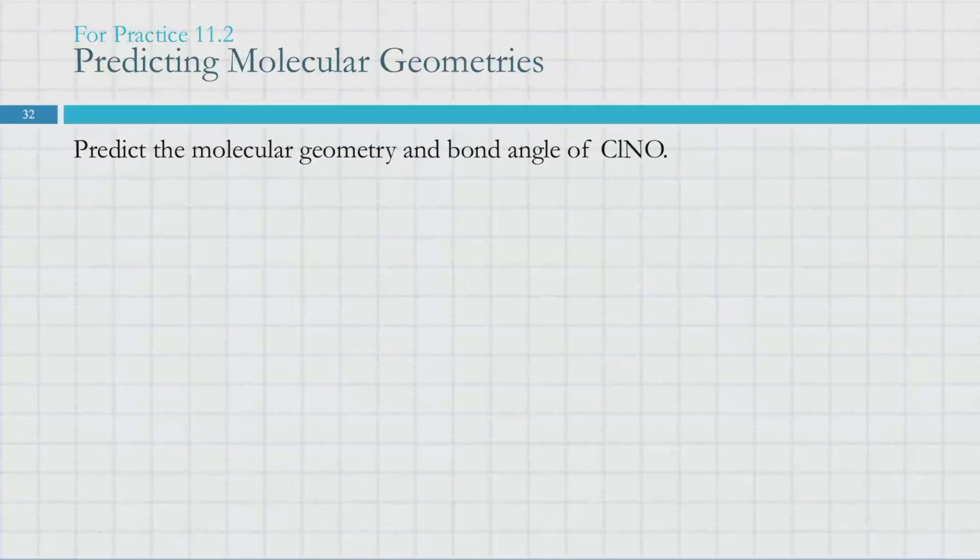All right, we want to predict the molecular geometry and bond angle of ClNO. And it is arranged that way. So it is Cl, N in the middle, and then O on the side.